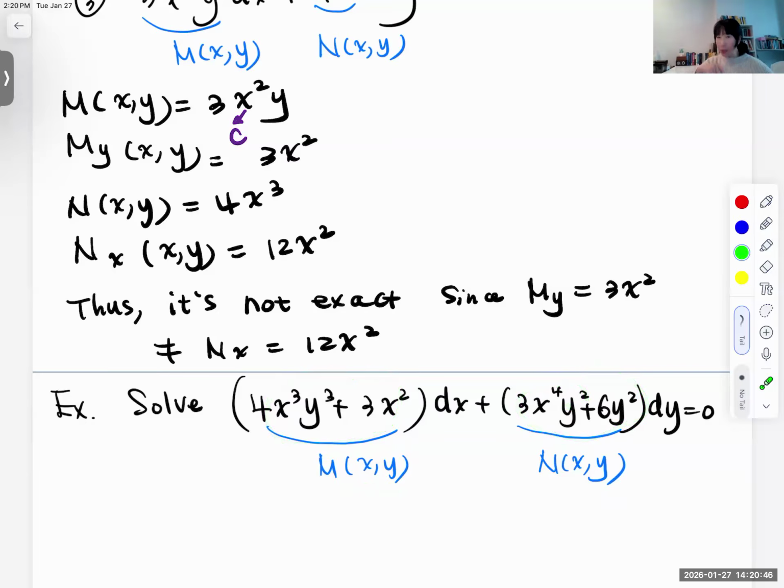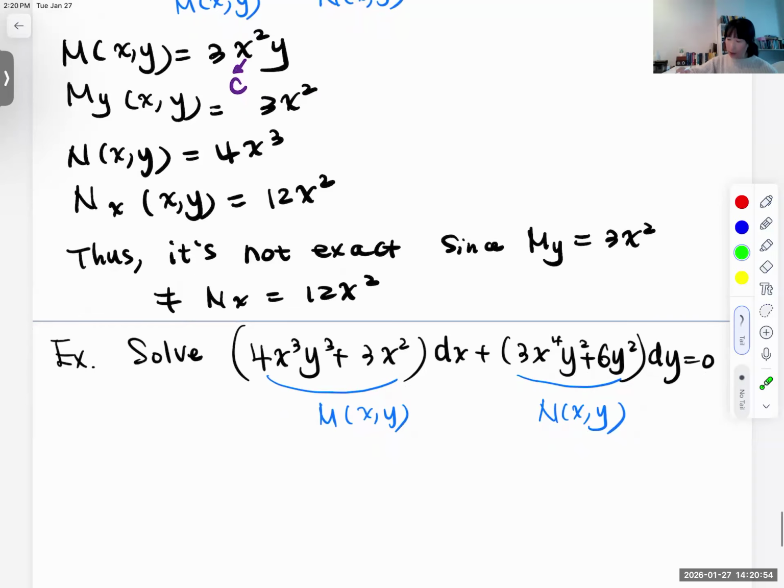Now solve means we have to find the original function, the original equation. So in that case, let's check exactness first, because we've been doing this, right?